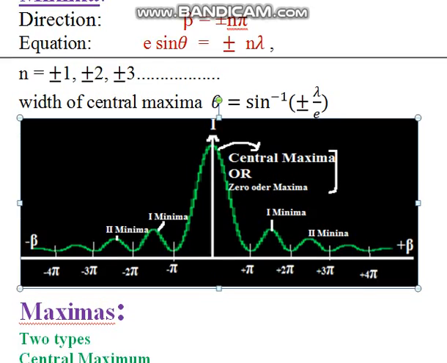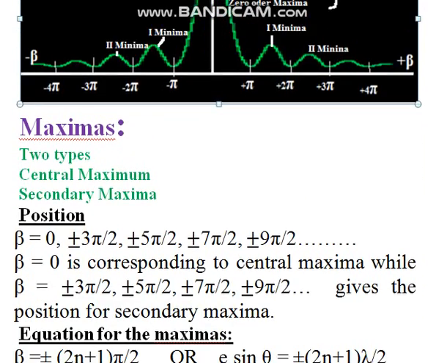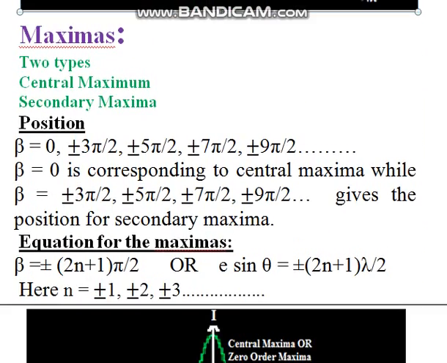Now let's see the maxima of the single slit. There are two types of maxima. One is the central maxima, the other is the secondary maxima. If you remember the last derivation, we differentiated the intensity of the single slit diffraction, and then we obtained the equation beta is equal to tan beta.